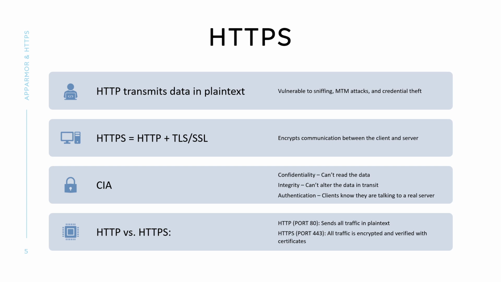So for HTTPS, it kind of covers all three of those at once, which is, we love to see it. So attackers can't read the data, they can't modify it in transit, and clients know that they are actually connected to a real server. So they're making sure that they're talking to something that's real and not fake that can be intercepted.